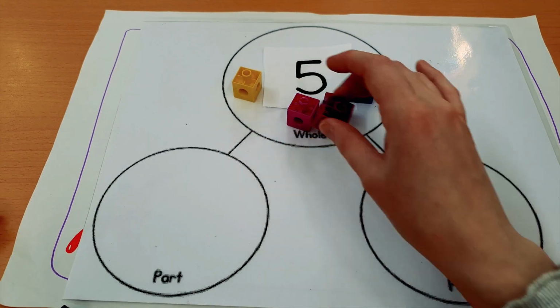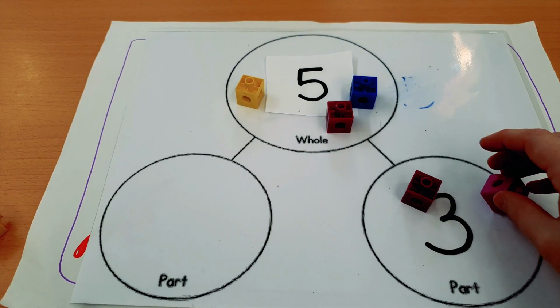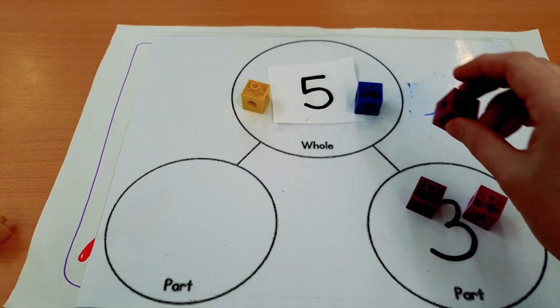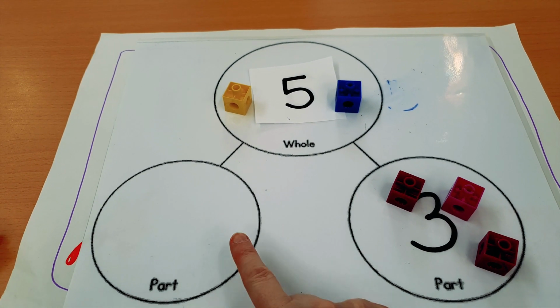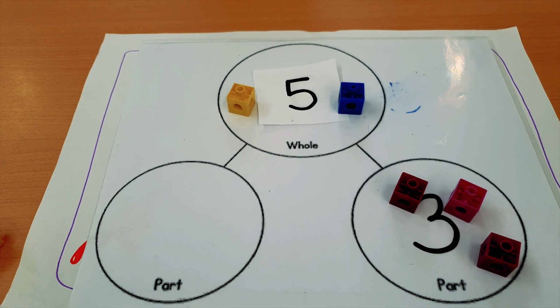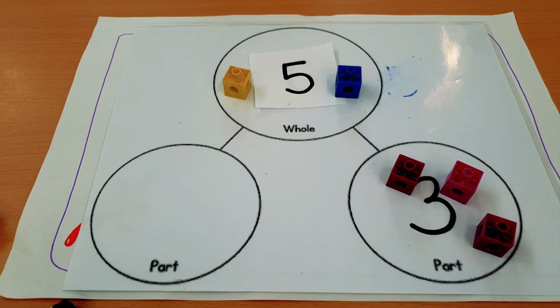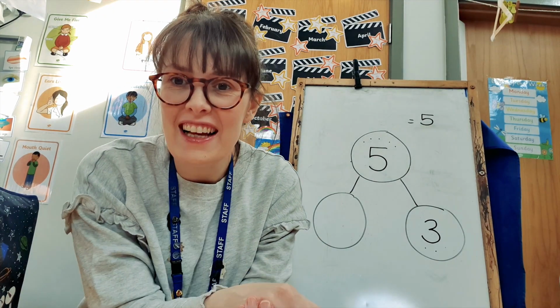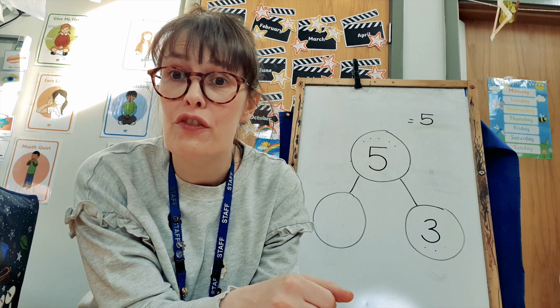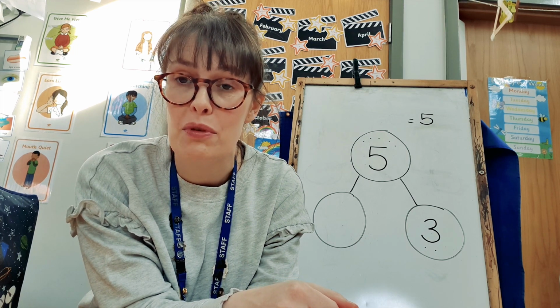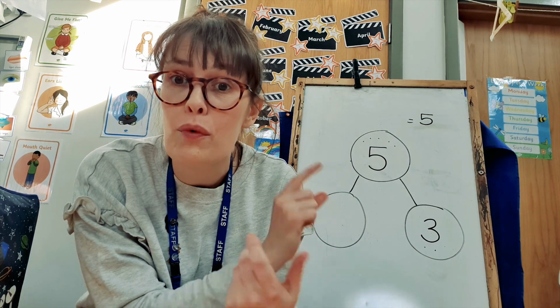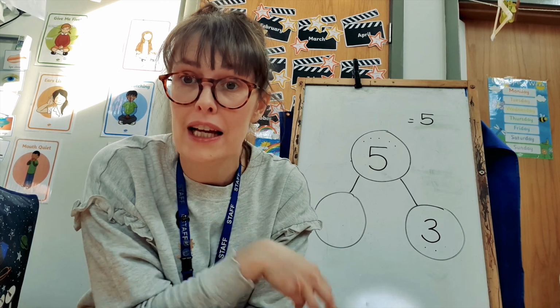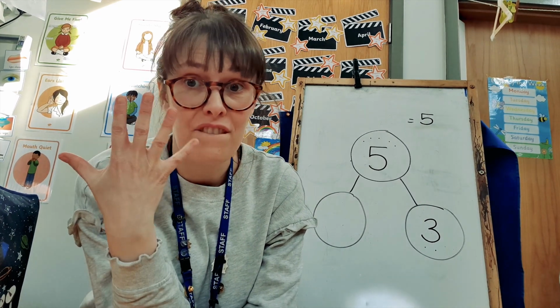So I'm going to move 3. 1, 2, 3. Okay, so what is my missing number? How many are left? Okay, now that you've had a little chance to think with your adult, or you've used the next video to help you out, who can tell me what my missing number is? What do we add to 3 to make 5?